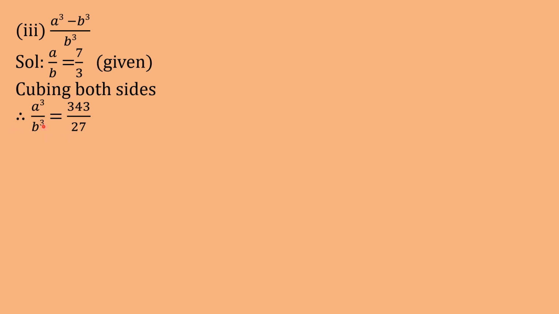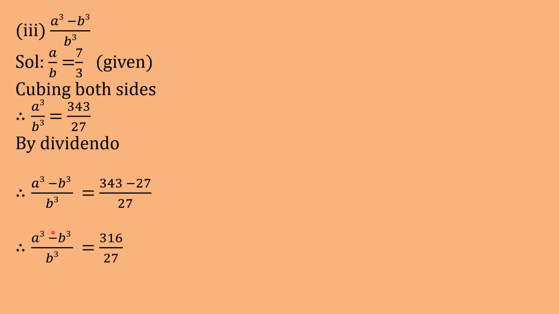Now students, we got our form. Now we'll apply our property, that is dividendo. So the left hand side, a cube minus b cube upon b cube equal to 343 minus 27 upon 27.